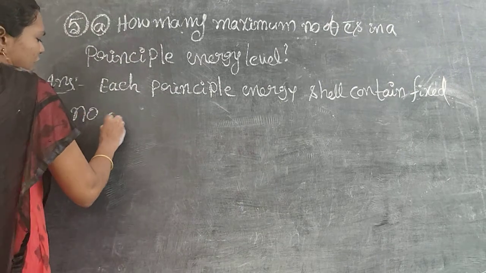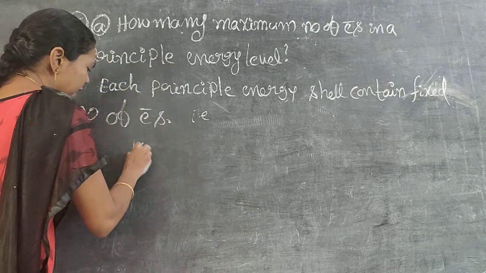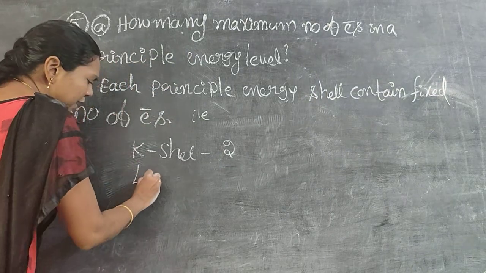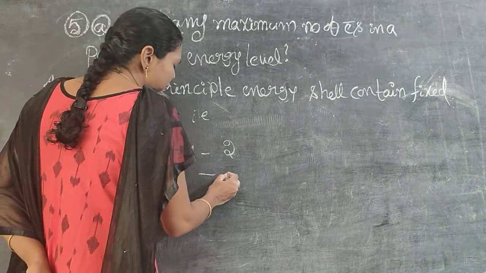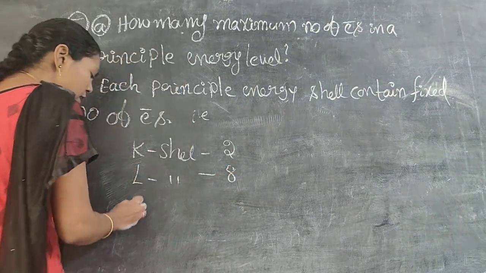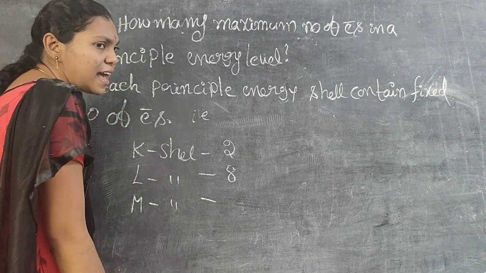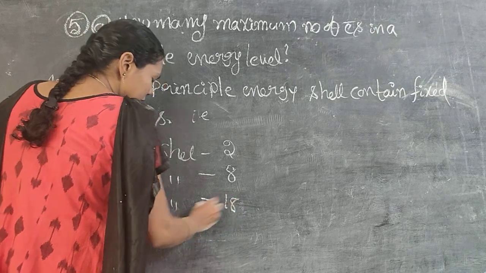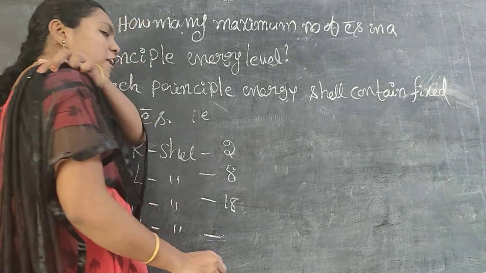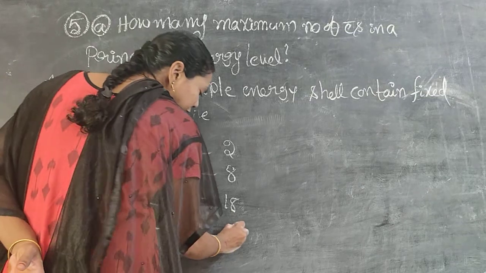In the K shell, the maximum number of electrons is 2. In the L shell, the maximum is 2 into 2 squared, which is 8. In the M shell, the maximum is 2 into 3 squared: 3 threes are 9, 2 nines are 18. In the N shell, the maximum is 2 into 4 squared: 4 fours are 16, 2 sixteens are 32.